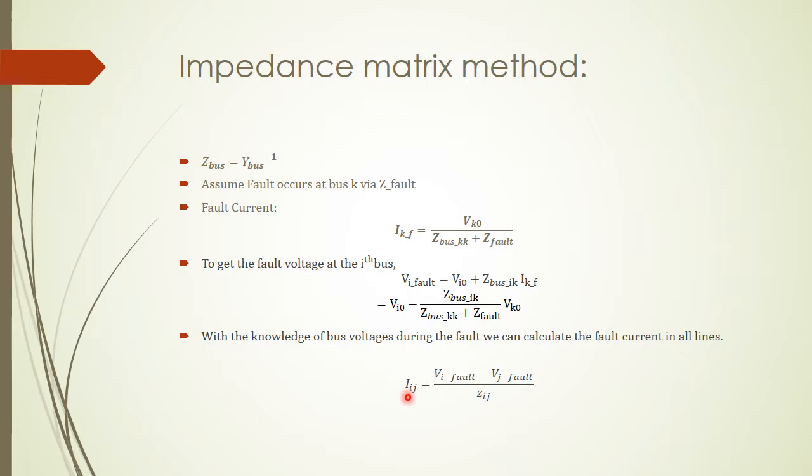I fault from node I to node J equals the voltage at bus I during the fault minus the voltage at bus J during the fault, over the impedance between bus I and bus J. Notice that this impedance is the impedance in the circuitry, not the impedance in the Z-bus matrix.